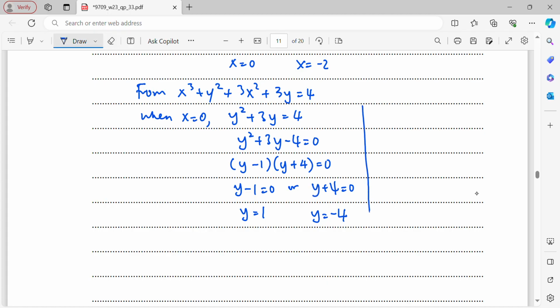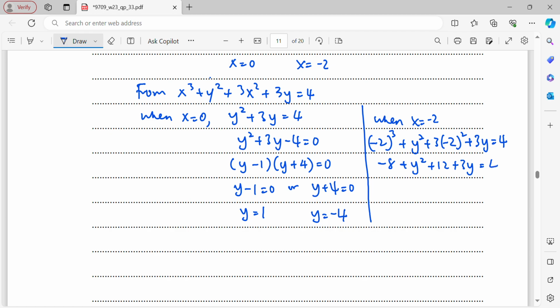Now when x is negative 2, I substitute: negative 2 cubed plus y squared plus 3 times negative 2 squared plus 3y equals 4. From here I will get minus 8 plus y squared plus 12 plus 3y equals 4.